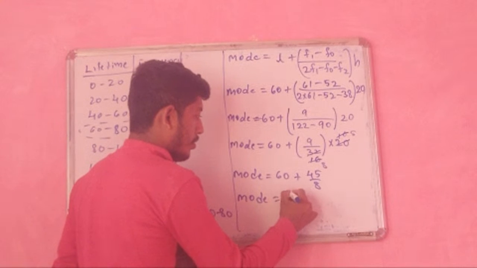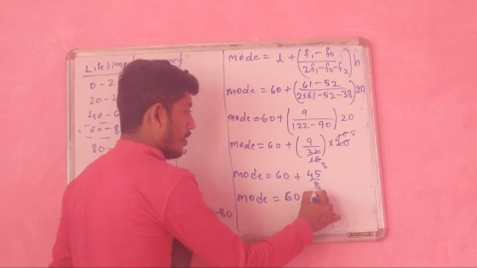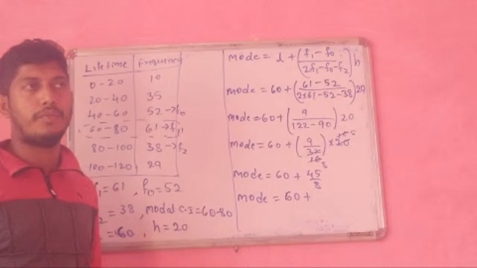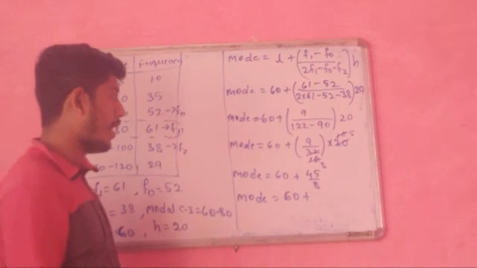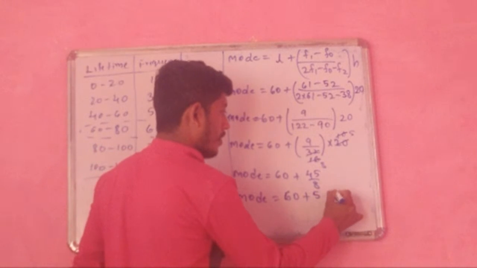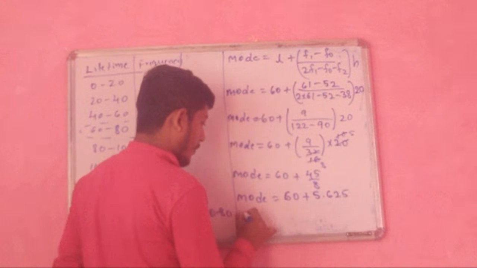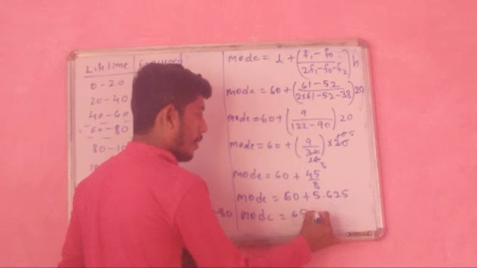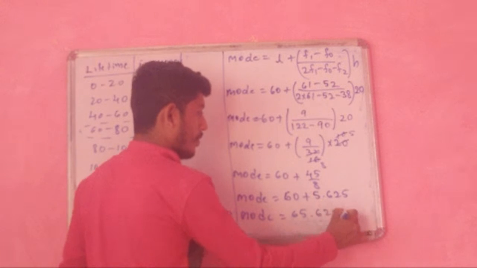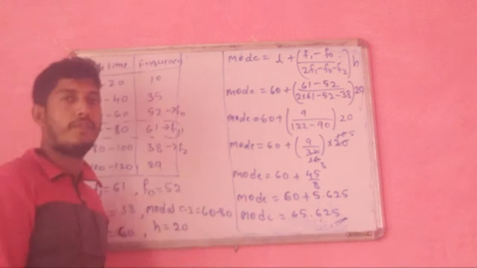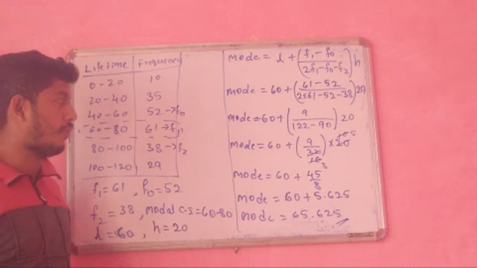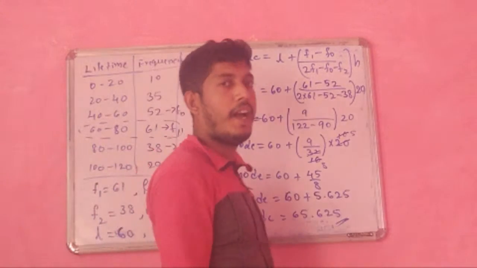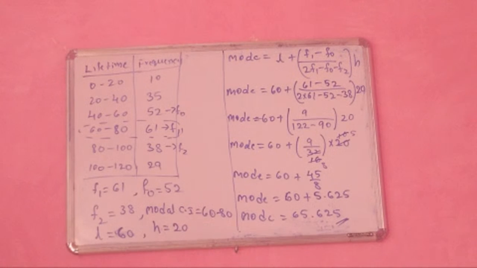So 60 plus, if we directly divide this, 45 divided by 8 gives 5.625, and therefore the mode value becomes 60 plus 5.625, that is 65.625. So this is the value of the mode, 65.625. Or you can consider the LCM and find the answer. Just look at the steps.